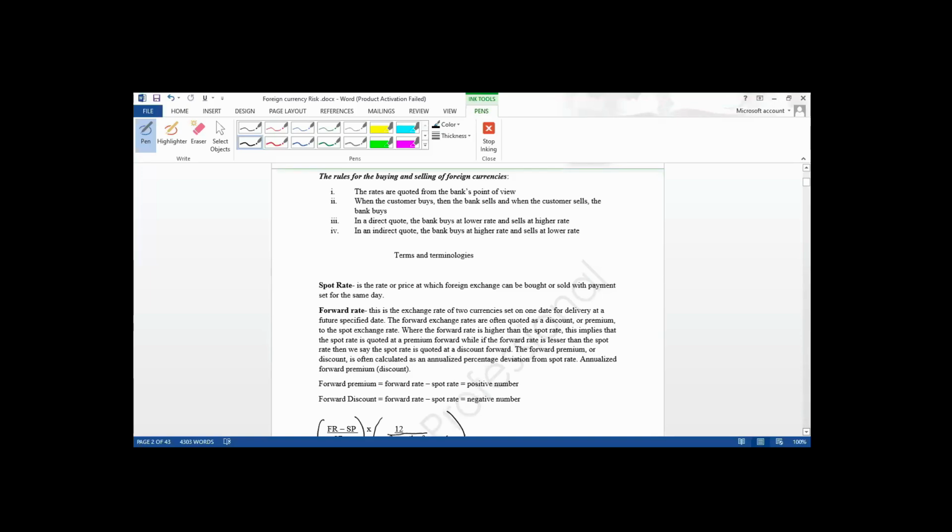Forward rates are usually quoted at a discount or at a premium to the spot rates.